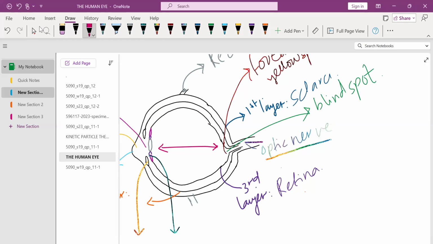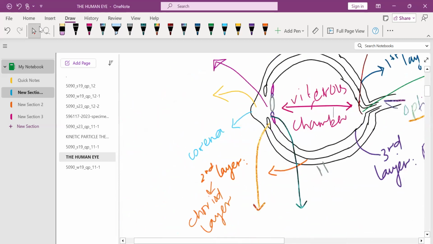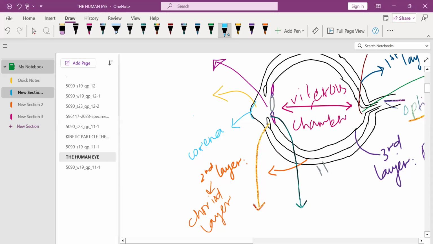This portion, which I have highlighted using the pink color, is the chamber. Okay, now this curved side is the cornea.